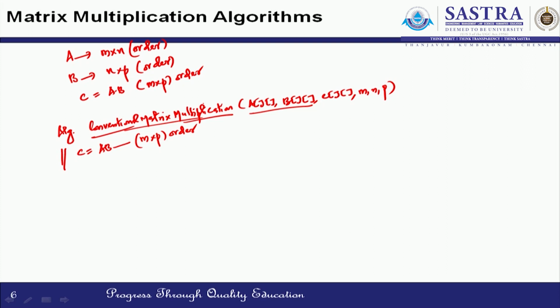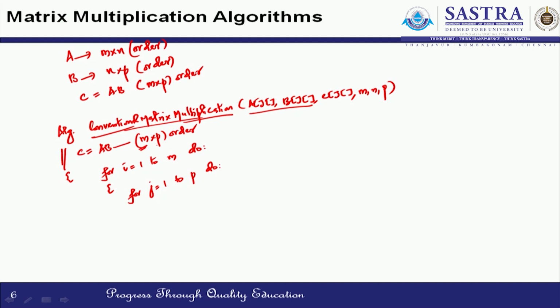Matrix A takes an order M by N, B takes an order N by P. Now, this is performed using the for loops for I is equal to 1 to M do. Then the next for loop for J is equal to 1 to P do.